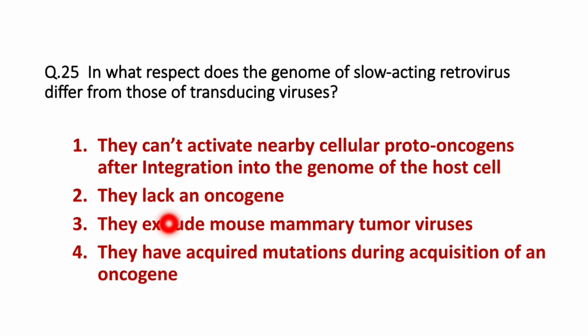Option 2, they lack an oncogene. Option 3, they exclude mouse mammary tumor viruses. Option 4, they have acquired mutations during acquisition of an oncogene. The right answer is option 2, they lack an oncogene.